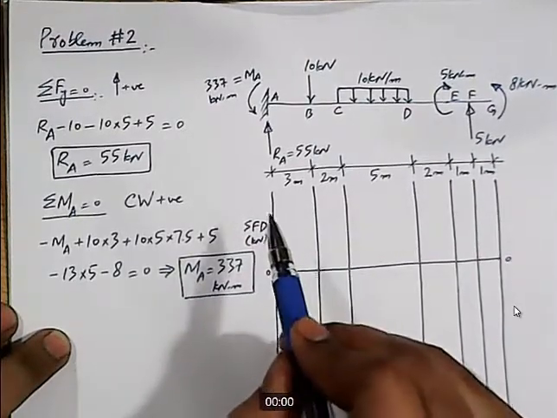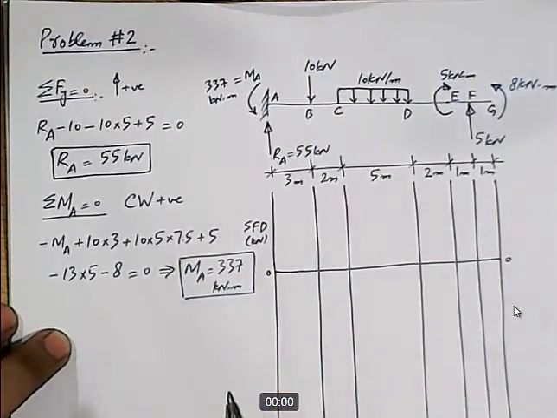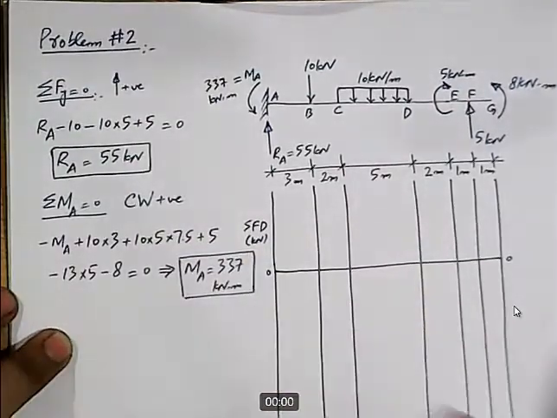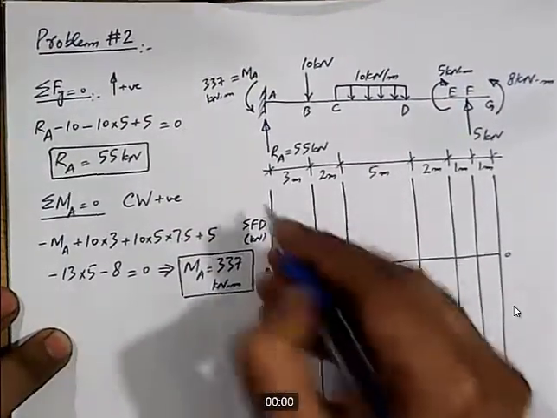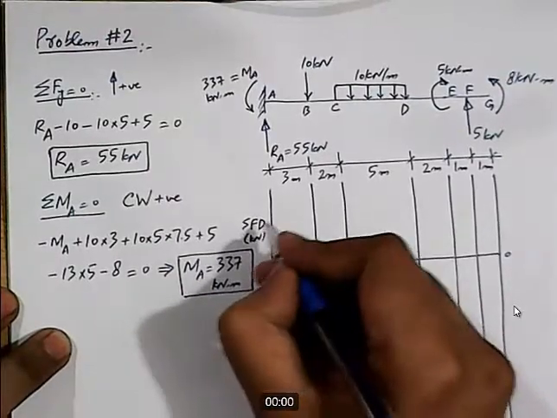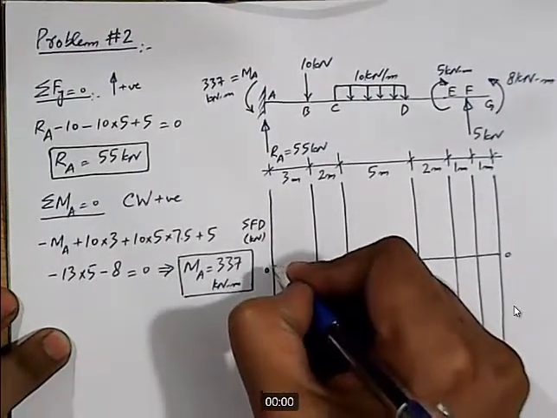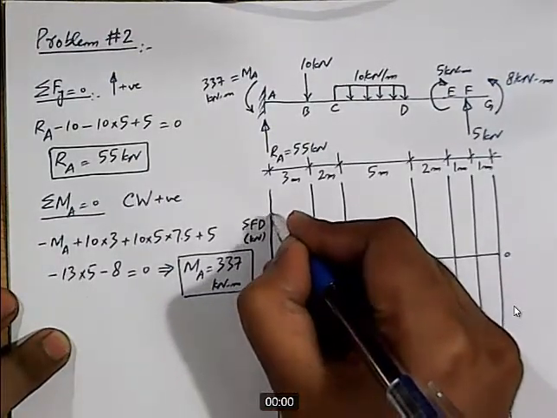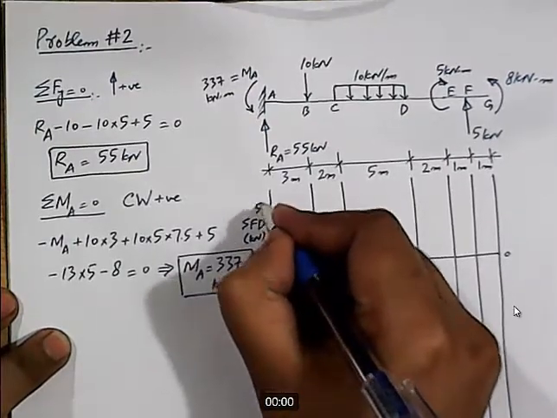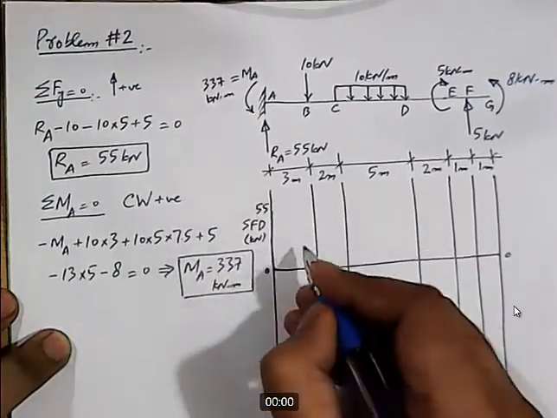At support A, RA is acting in the upward direction with a magnitude of 55 kilonewton. So from 0, we will move in the upward direction, will go up to 55 kilonewton.